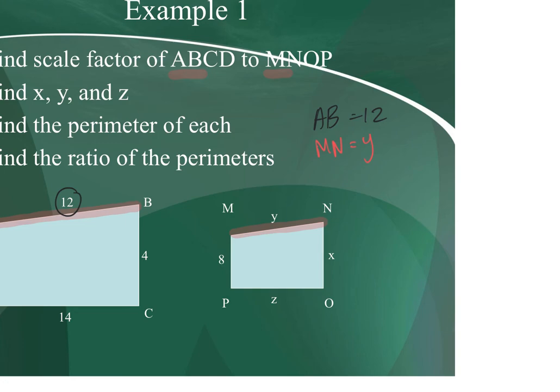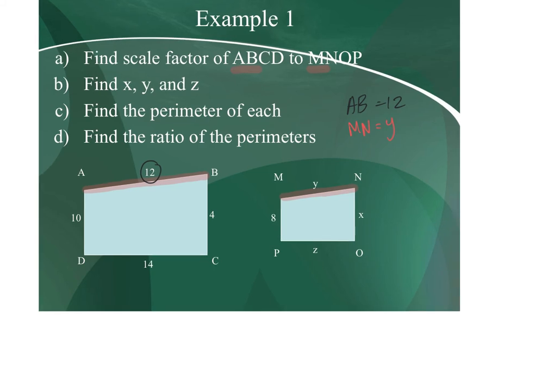Do we know 2 corresponding sides in these 2 figures? Yes. Which one? MP and AD. Okay, so watch. We know that our first one is going to be AB over MN. Agreed? We're going to set that equal to another set of corresponding sides.